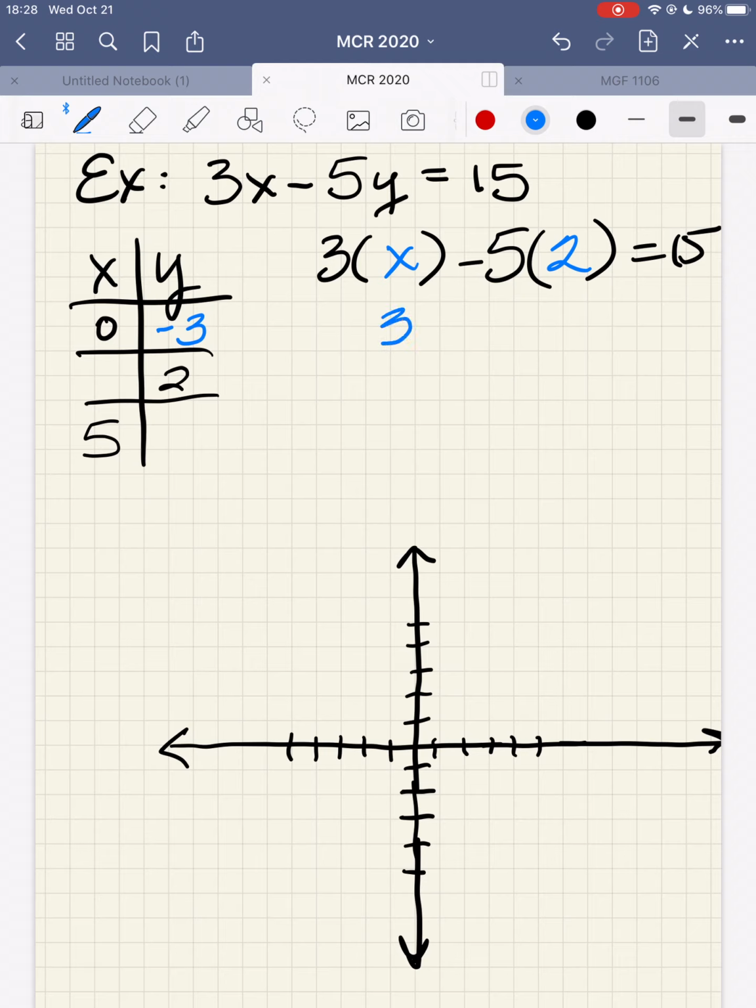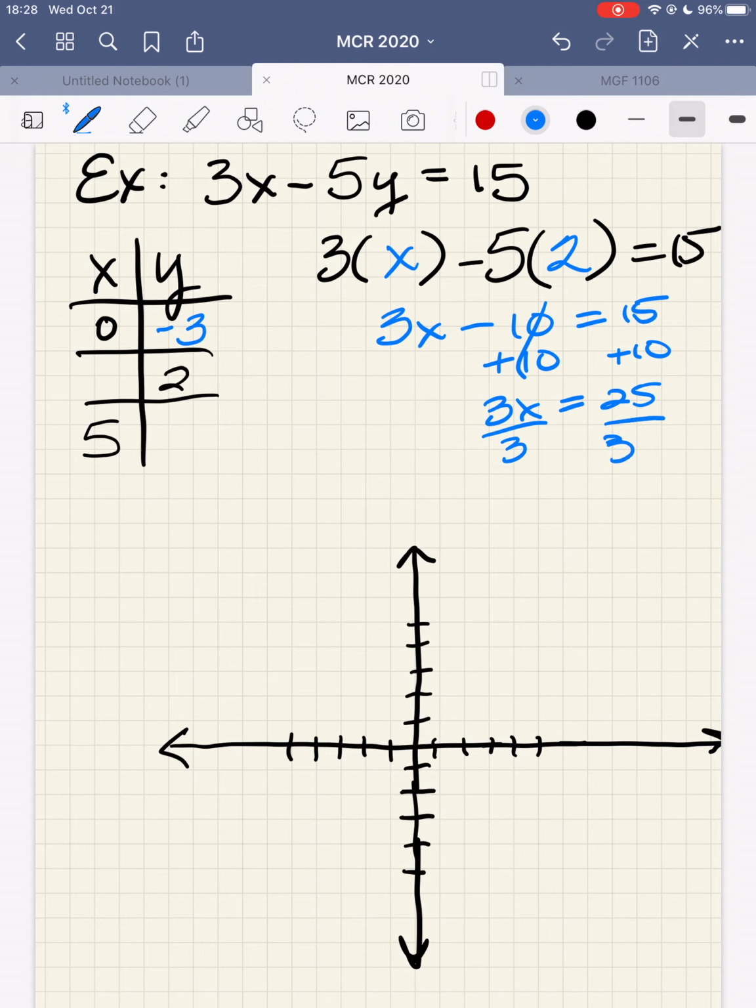So I have 3 times x minus 5 times 2, which is 10, is equal to 15. I'm going to add 10 to both sides. So I have 3x is equal to 25. And I need to divide both sides by 3. And x is equal to 25 over 3.